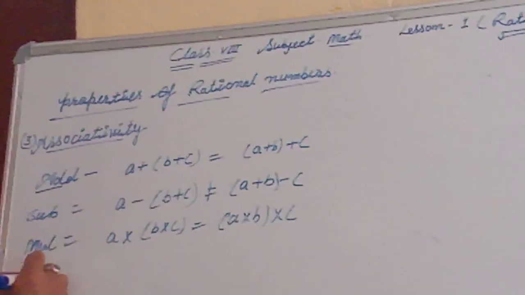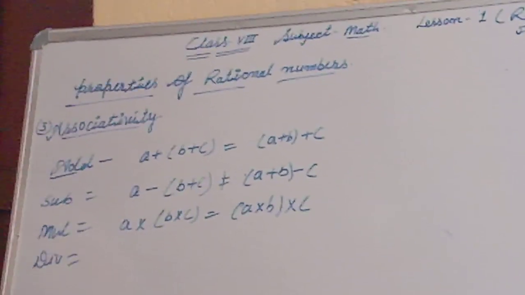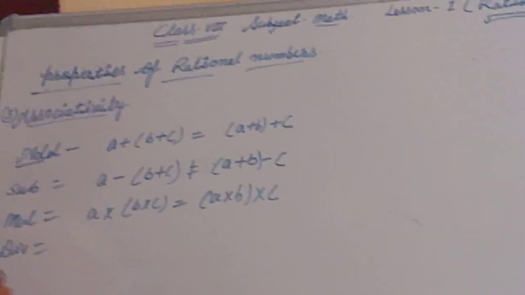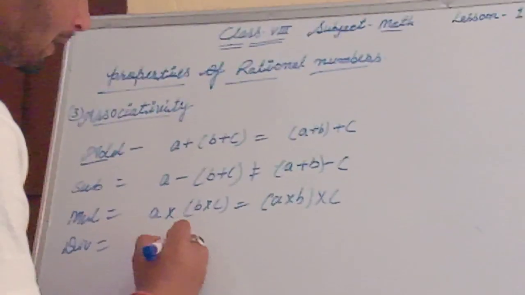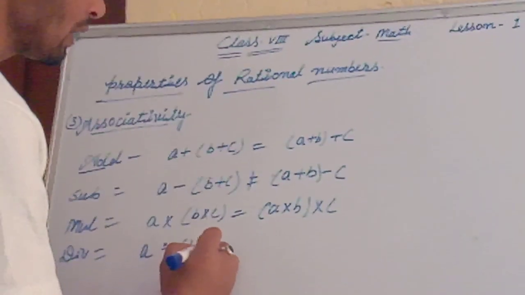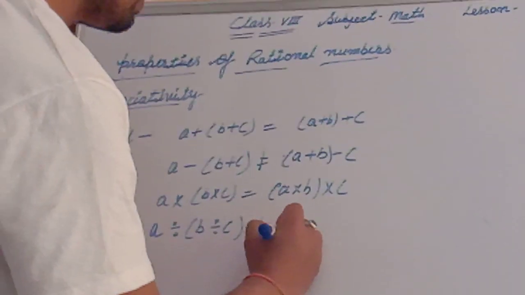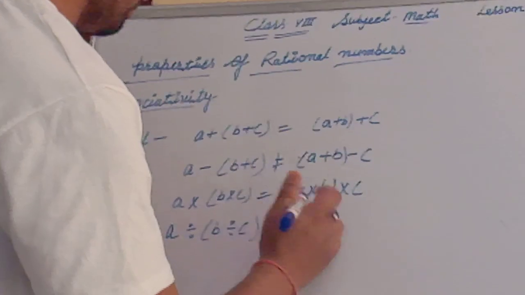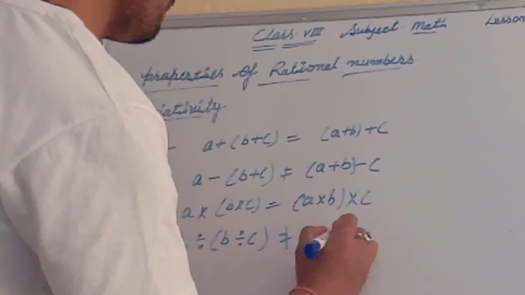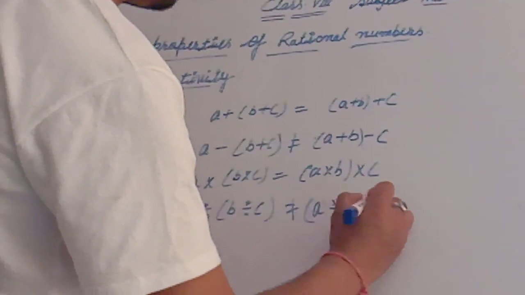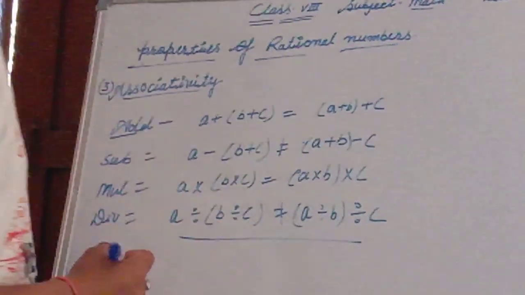And division is not followed. Division: (a ÷ b) ÷ c is not equal to a ÷ (b ÷ c), so it is not followed.